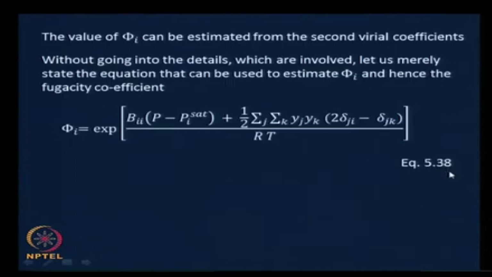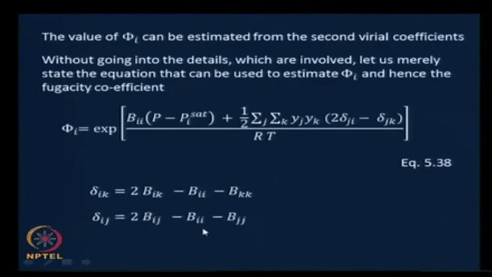This is equation 538, where delta Ik equals 2 Bik minus Bii minus Bkk, and delta Ij equals 2 Bij minus Bii minus Bjj, and delta Ii equals 0, delta Kk equals 0, and delta Ki equals delta Ik.